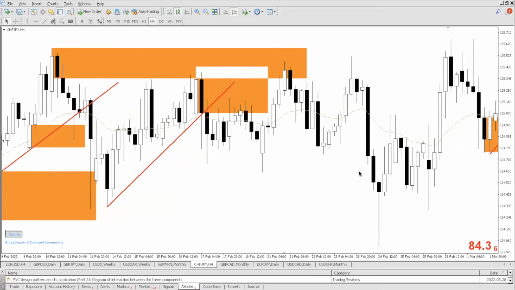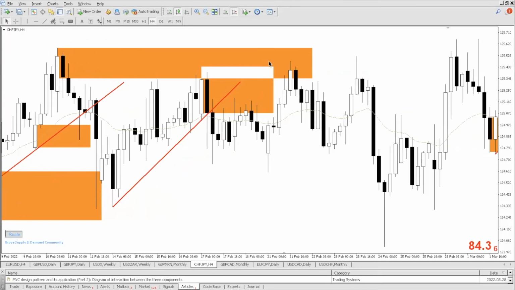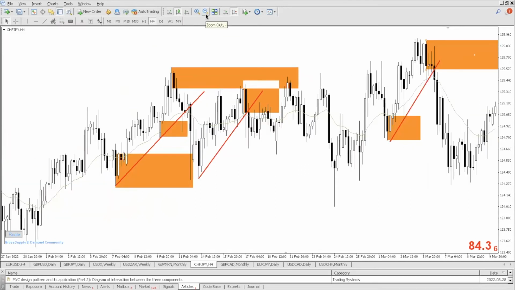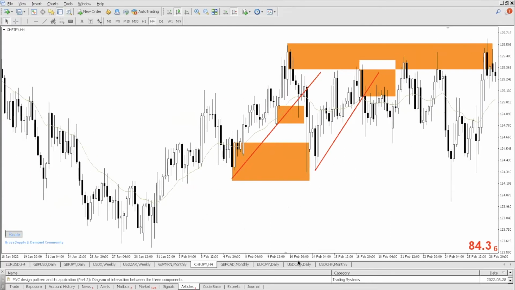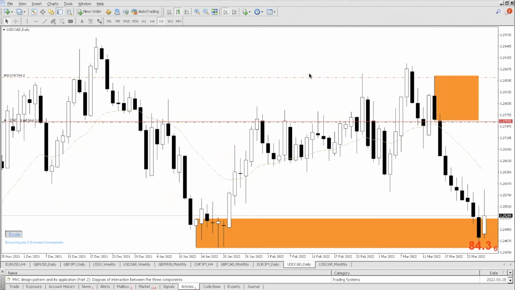Here, this top one is where that move started. Look, price has been working here. You can go further here. Let me look for another pair that's not wicky.